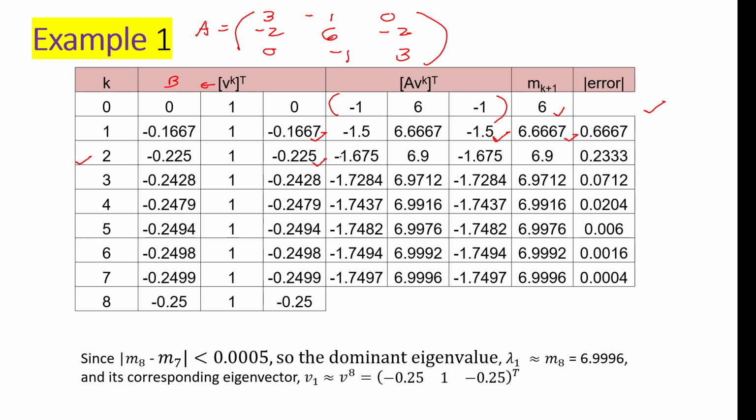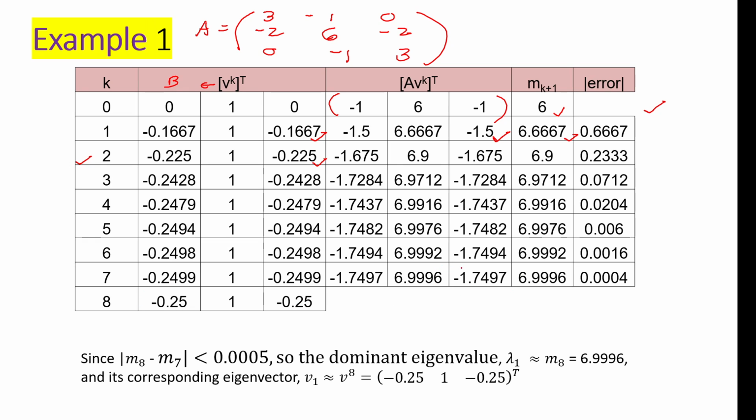So the process repeats until the error here, this one you see, 0.004. If this one is less than 0.004, you stop here. When you stop here, this is M8, because MK plus 1. You have M8, that's why you need to find V number 8.